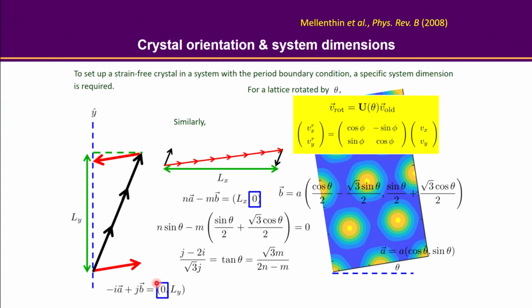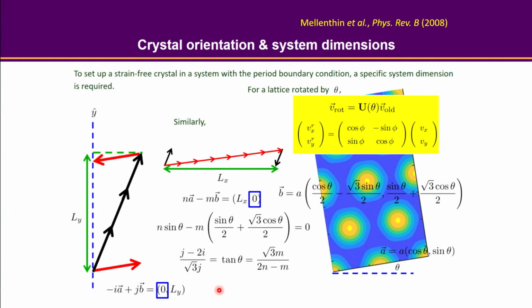You can similarly get from this constraint that tangent theta has to be equal to j over j minus 2i divided by square root of 3j. Okay, so you have to check whether you can have a pair of m and n and a pair of i and j that all give you the same angle, the same tangent. If yes, then you can pick those i, j, m, n.